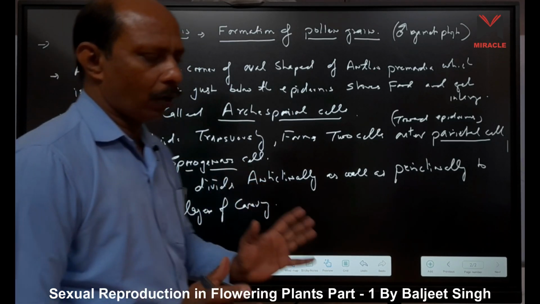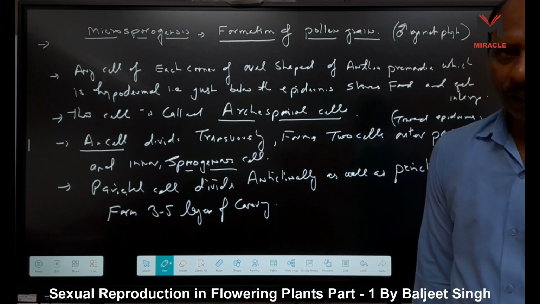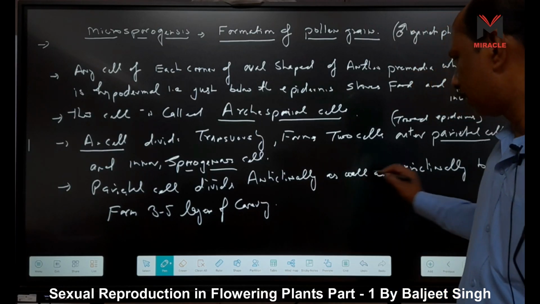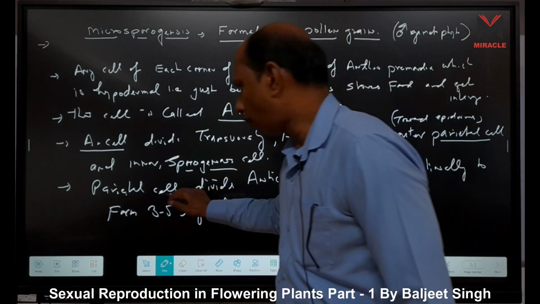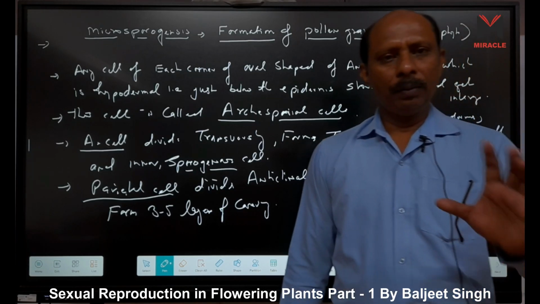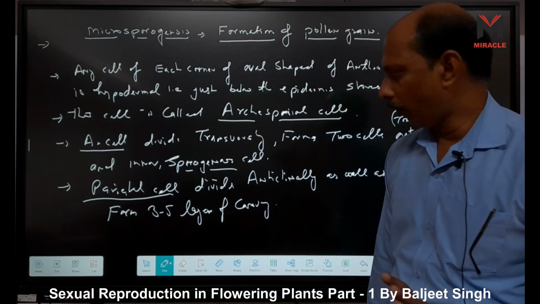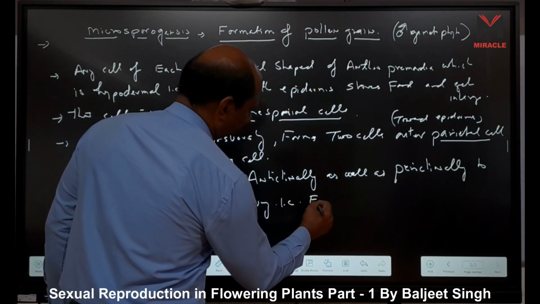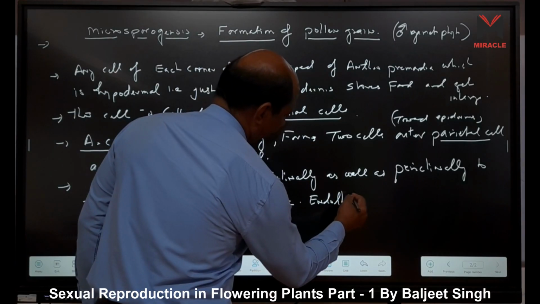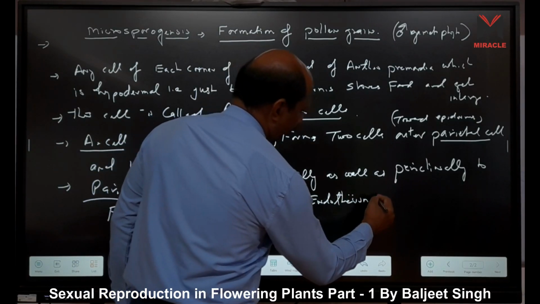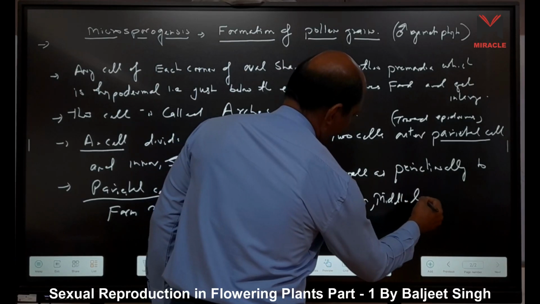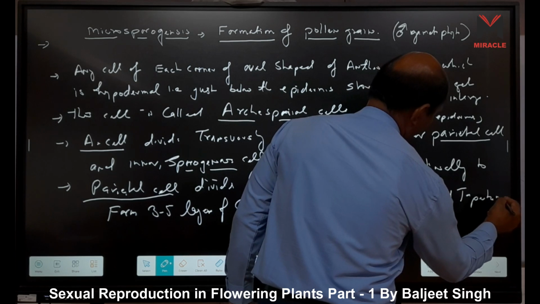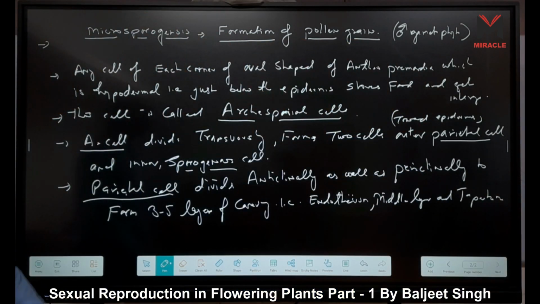Here what you understand: outermost is the epidermis. The epidermis is already formed, right? Second, endothecium. These parietal cells are responsible for making the endothecium, middle layer and tapetum. You understand? That means they form endothecium, middle layer and tapetum, right? They form these structures.